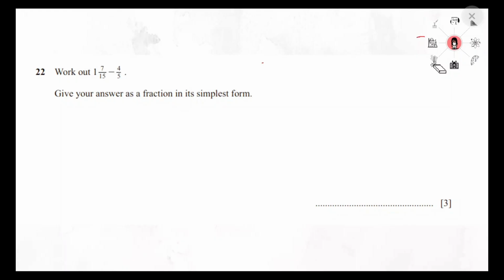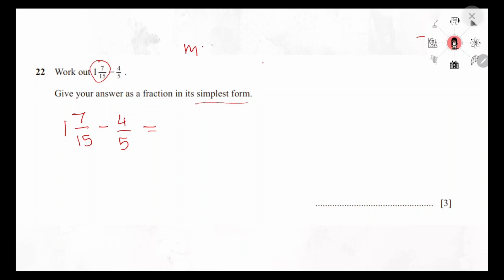Question 22. Work out 1 and 7 by 15 minus 4 by 5. Give your answer as a fraction in its simplest form. To solve this, we have to first convert 1 and 7 by 15 into an improper fraction.